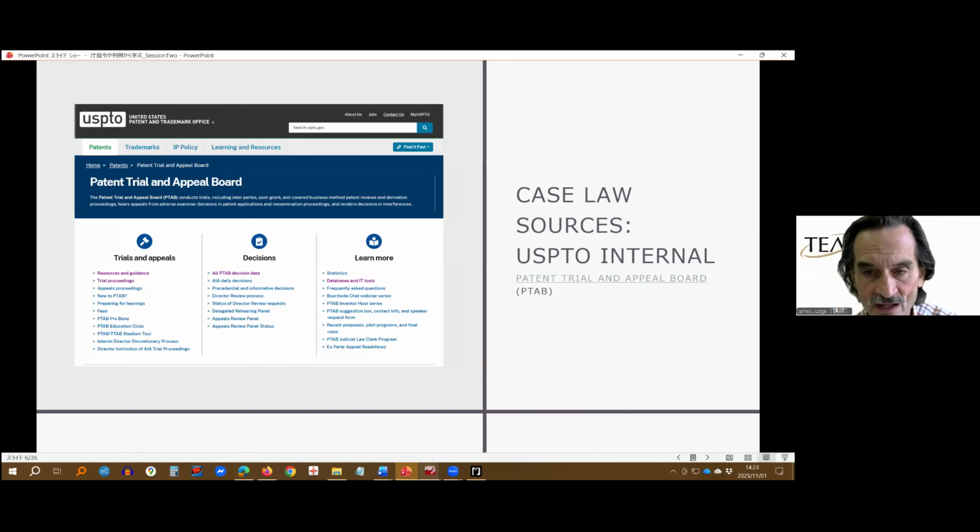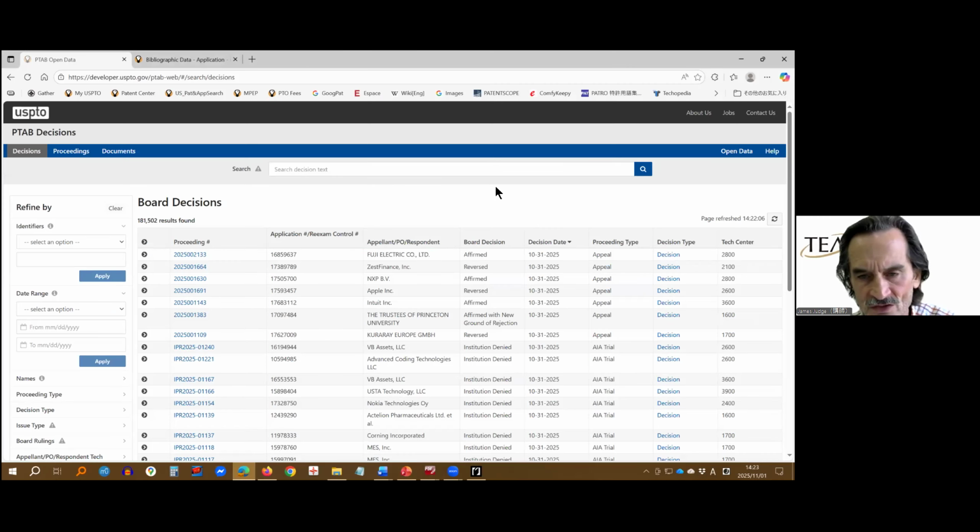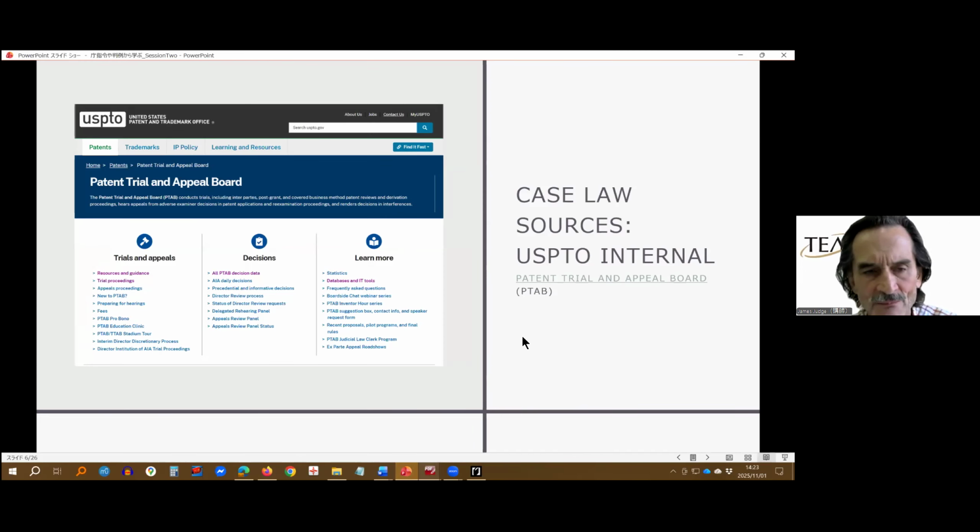Then within the Patent Office is the Patent Trial and Appeal Board, and as I just showed you on their website, you can search their decisions, and that's another source of patent application and invalidation, appeals from rejections and applications, and then trials for invalidity within the Patent Office.